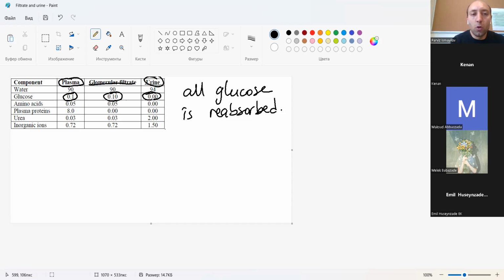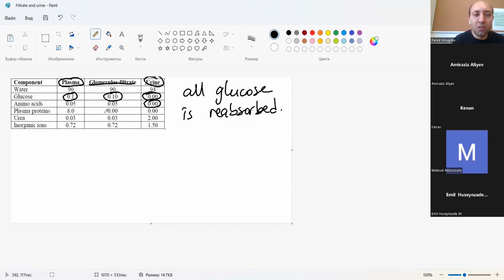Amino acids, look guys, all of them are coming back to the blood. So all amino acids are reabsorbed. So there's zero. Plasma proteins, we can't find in filtrate and also in urine because protein is a large molecule, so it can't enter the structure of the kidney tubule. Urea, as you see, is very concentrated, and inorganic ions are also becoming concentrated.